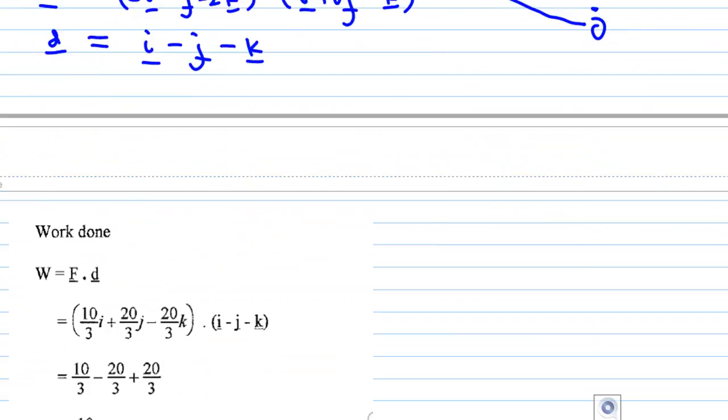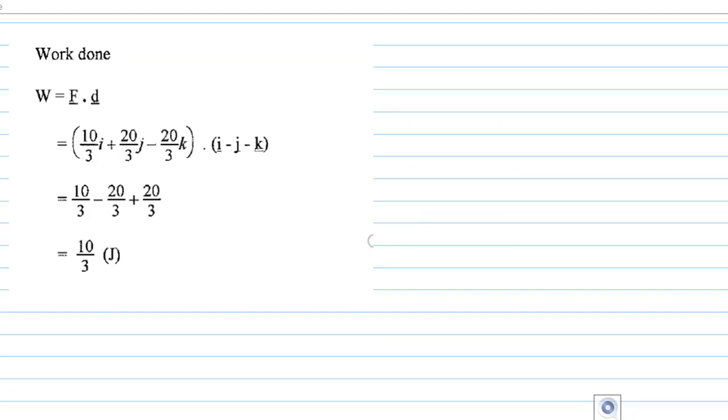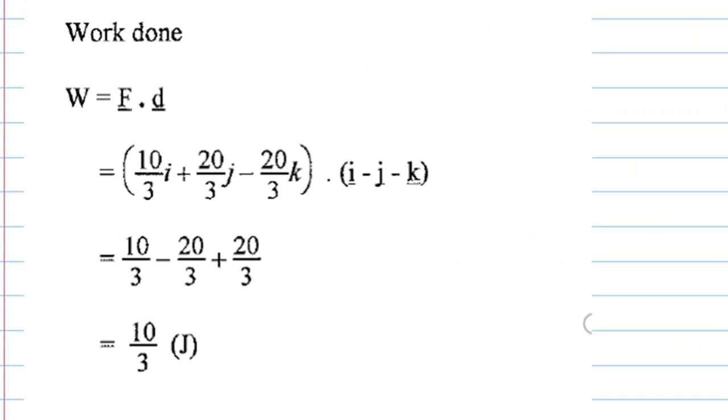The work done by the force is given by the dot product, or the scalar product, of the force and the displacement. We found earlier the force is 10 over 3 i plus 20 over 3 j minus 20 over 3 k, and the displacement is i minus j minus k. So when we do the dot product, let's collect them. 10 over 3 i dot i, you get 10 over 3.